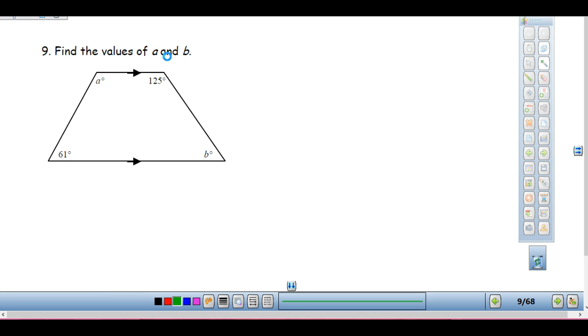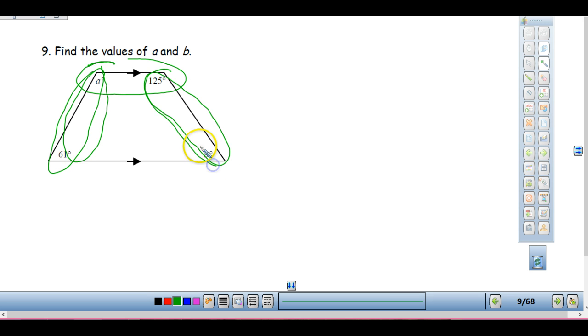Okay. Again, parallel here. So we have a trapezoid. We know that in a trapezoid, our consecutive angles, whoops, not those two angles, sorry. Our consecutive angles are going to be supplementary. So these two right here and these two right here are going to be supplementary. So for A, it's going to be 180 minus 61.